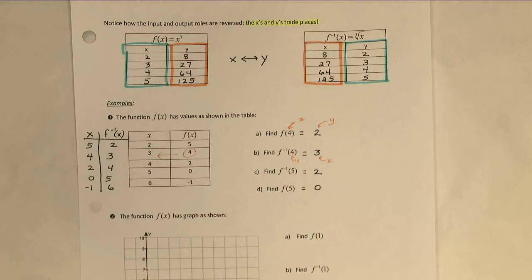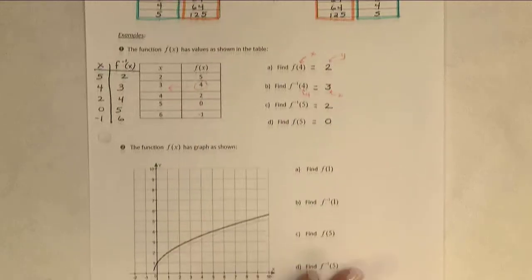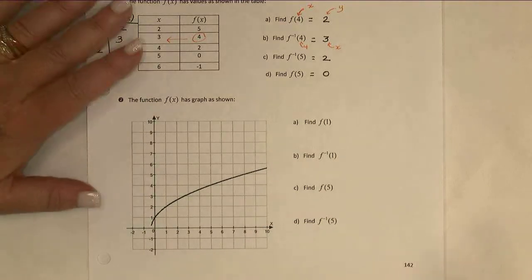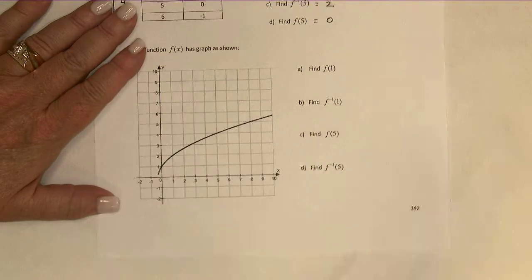All right, let's go ahead and look at example 2. Here, instead of a table of values, I've given you a graph of a function, and I've asked us some questions about both the function and the inverse. We'll think about this a couple of different ways, but let me start by just making a little table of x and y values for the function that was given.